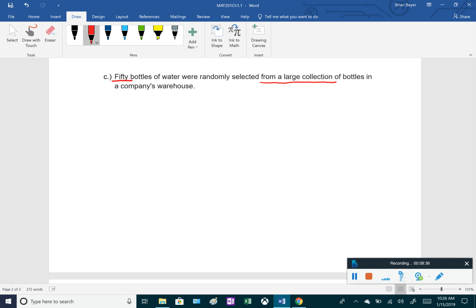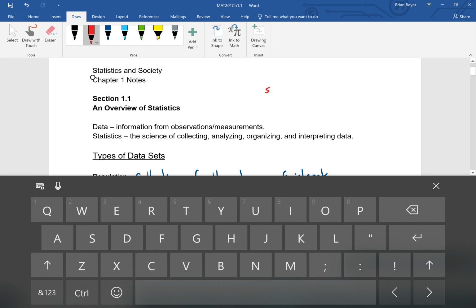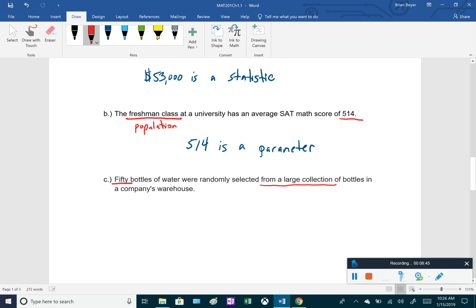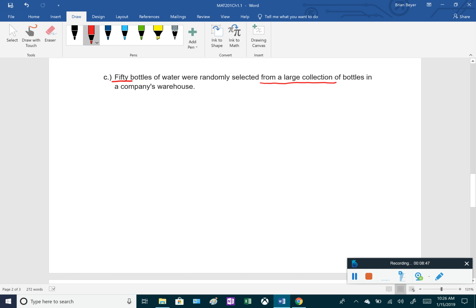So if it's from a large collection, that means the 50 here, let me scroll back down, has to be a sample. So that means 50 is a statistic here. So it is a statistic referring to a sample.